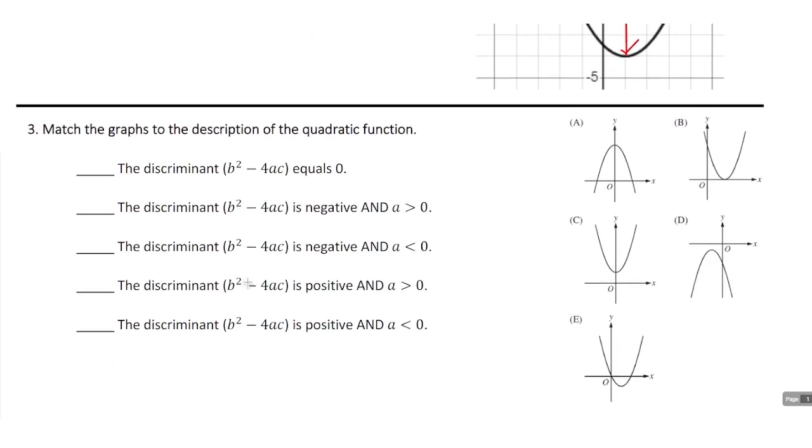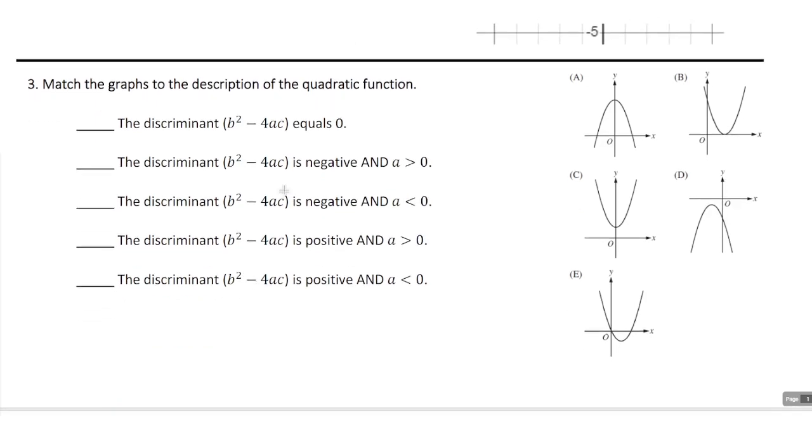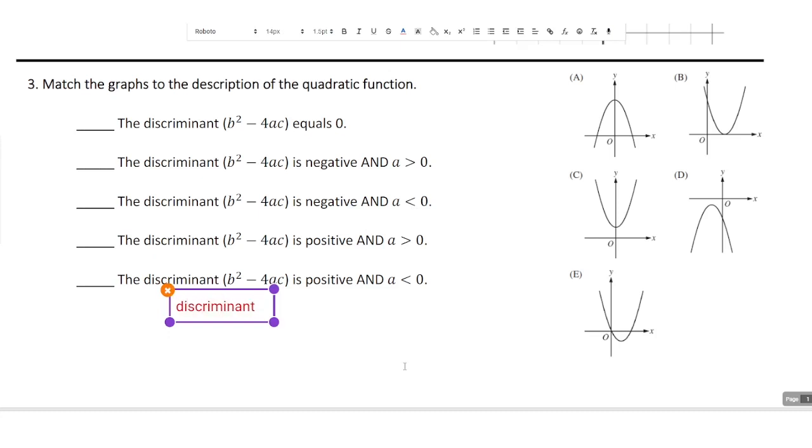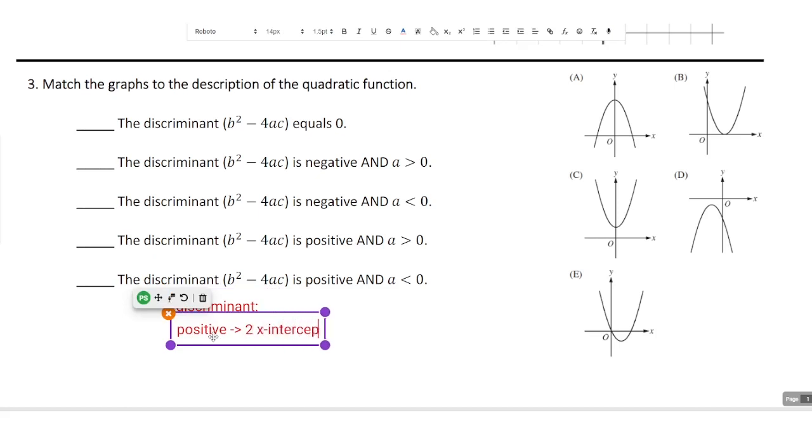Number 3, trying to match the graphs to the description, and this all has to do with the discriminant and also the a value. So let's just break this down, okay? If the discriminant is positive, that means we're going to have 2 x-intercepts, okay?